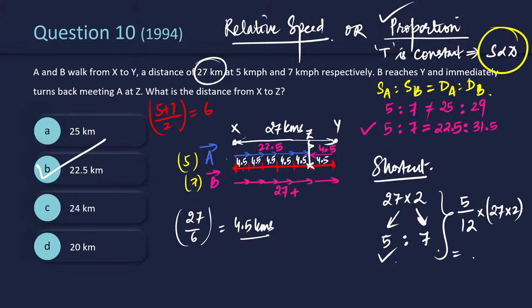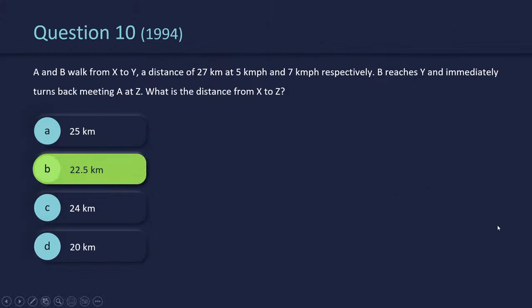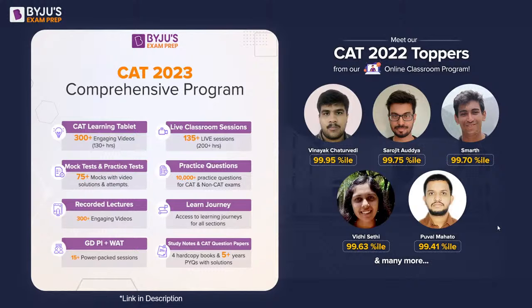This will directly give you 22.5. Had the question been Y to Z, then X to Z is 22.5, so Y to Z will be 27 minus 22.5, right? Okay. So 22.5 is going to be the answer.